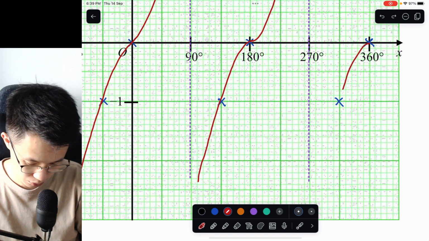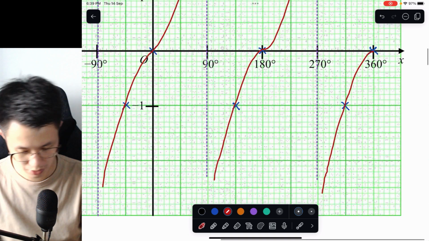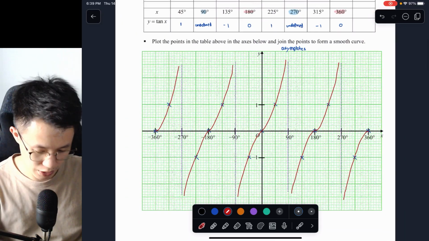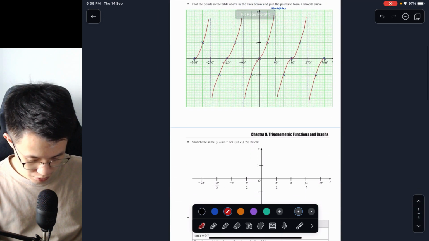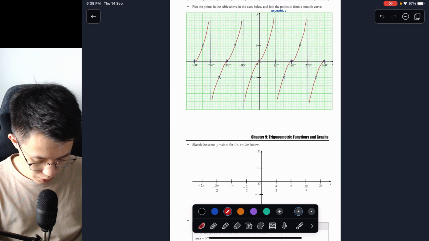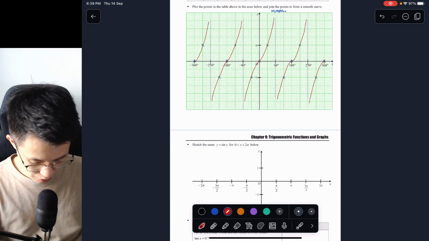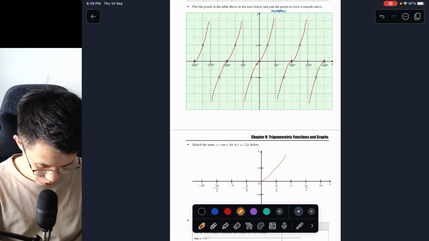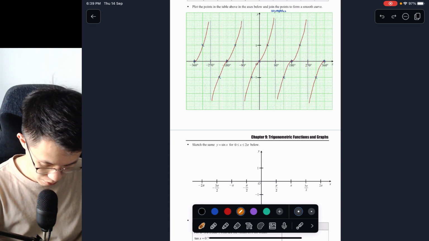Do take note of that. We're almost there. And so this is what it means to draw your tangent function. This is how your tangent function looks, and if I were to translate this into the graph here, it will just simply look something like that.